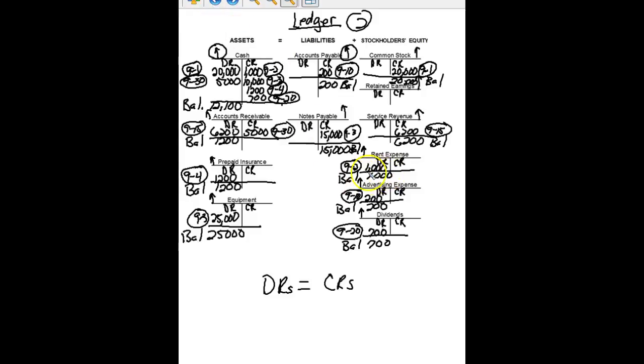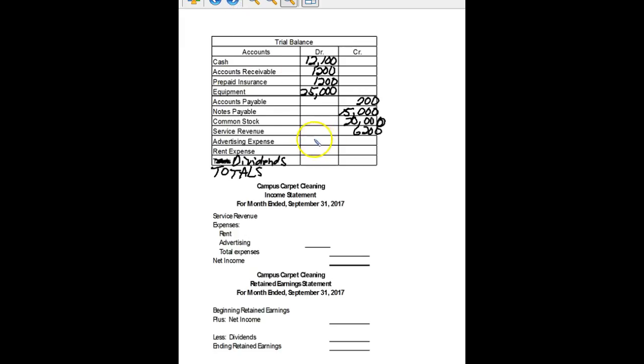Okay, so I'm going to list the two expenses and the dividend. That's going to be 1,000, 200, and 700. So on the debit side, 1,000, 200, 700. And then I'm kind of drawing my line here. I'm going to add up all the debits. So sum all the debits. You should get 41,400.